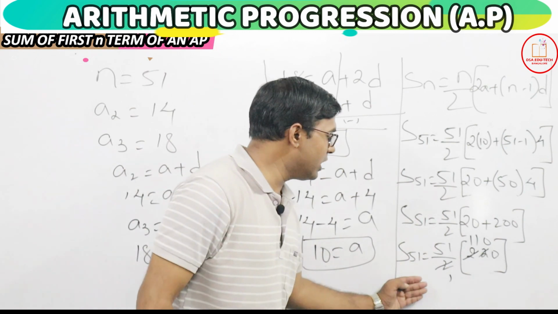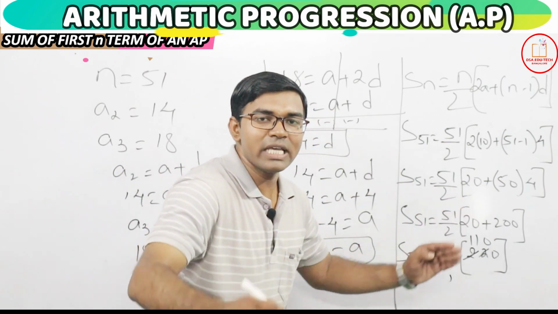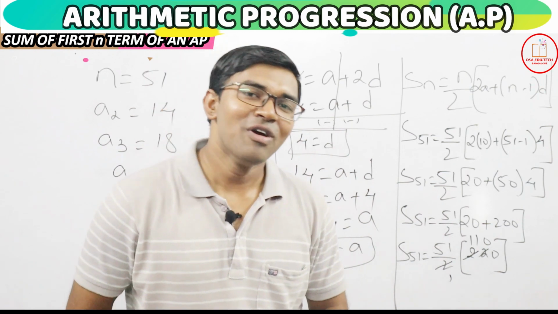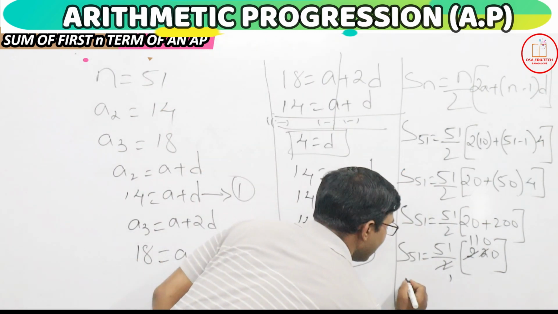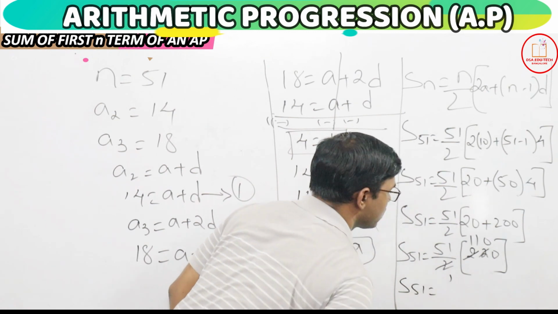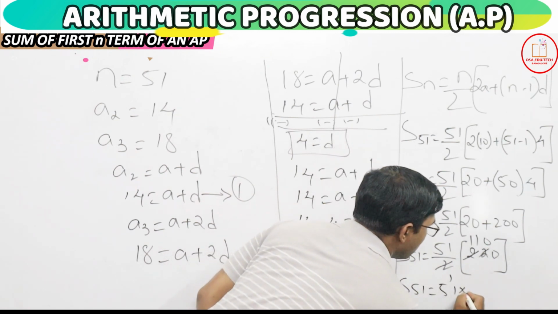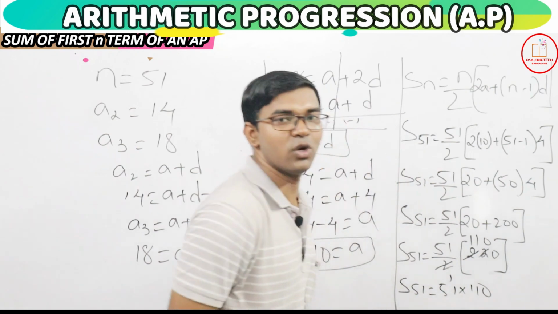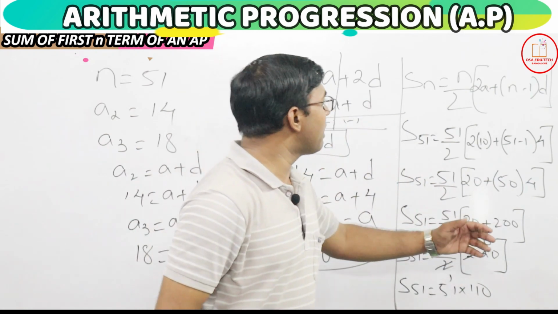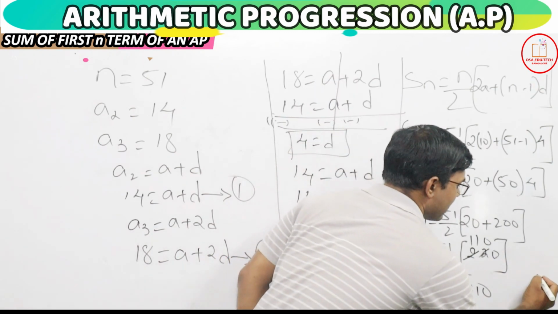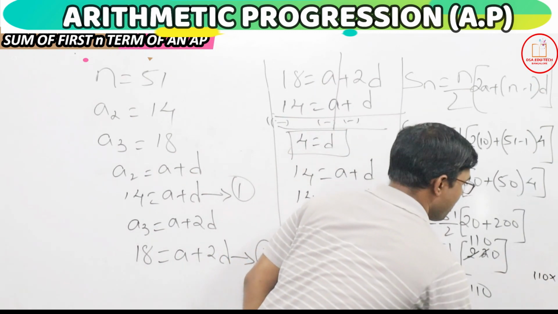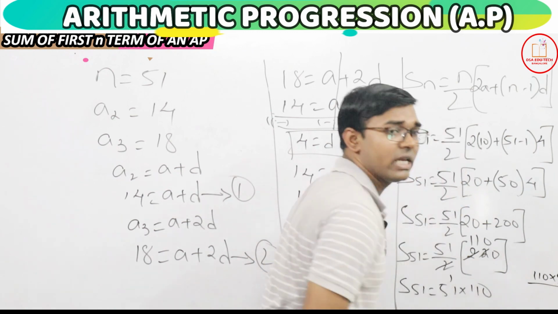So now what we need to do next is the multiplication of 51 into 110. So let me write S51 is equal to 51 into 110, correct? Now let me multiply somewhere here, that is 110 into 51.